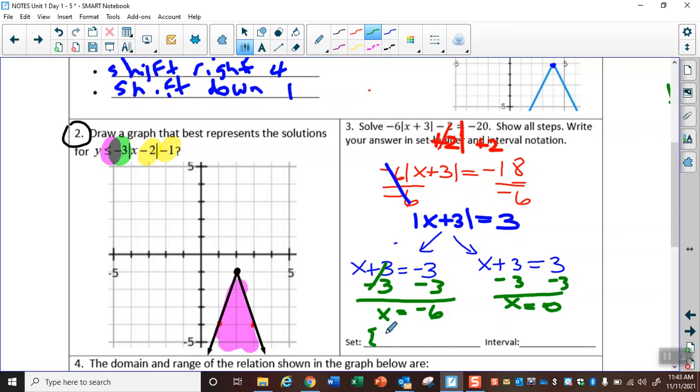So my set notation is going to be x such that x equals -6 or 0. That's the set notation. And then interval notation is where you just say they are -6 and 0, my two answers there, the two intervals.